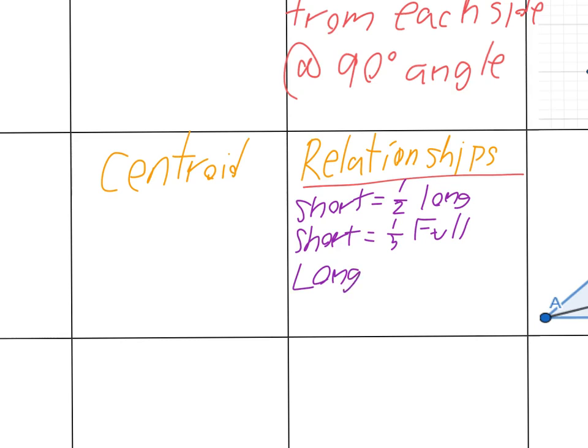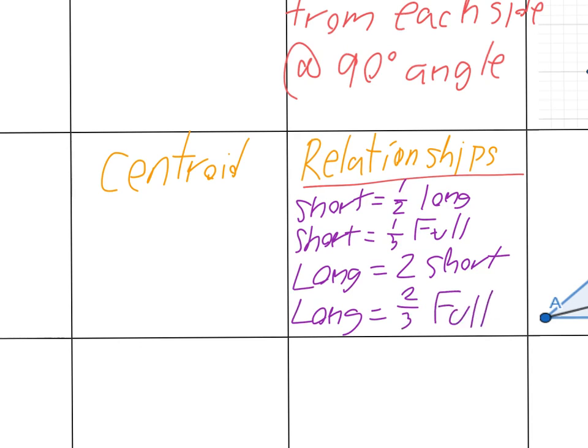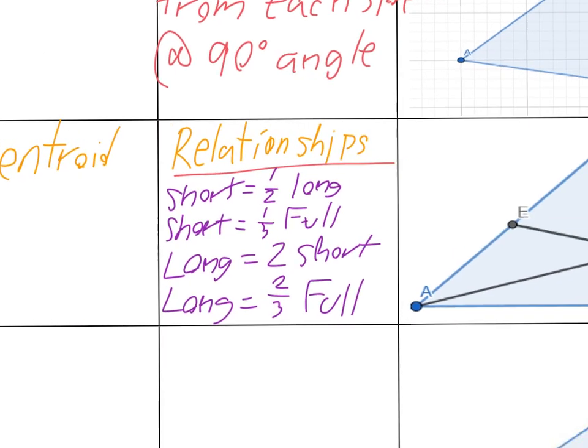Our long segments are going to be equal to twice the short segments, as well as the long segments are equal to 2/3 of the full segments. So what do I mean by short, long, and full?